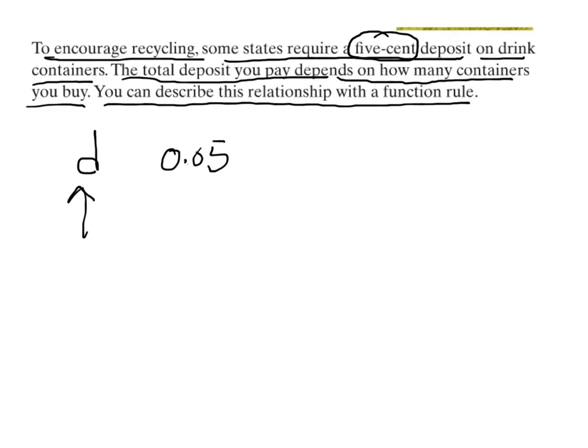And let C be the number of containers you take. So C is the input value, because depending upon the number of containers you buy, you have to pay so much of deposit. So D is the output value.